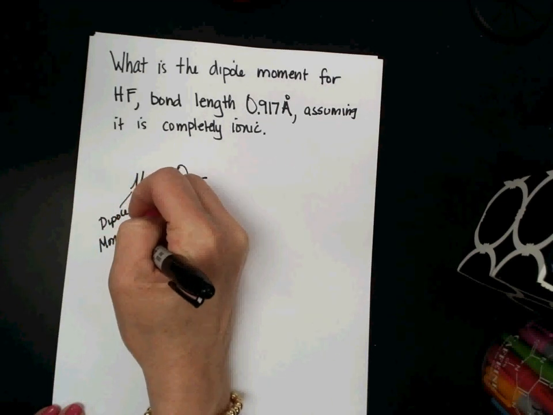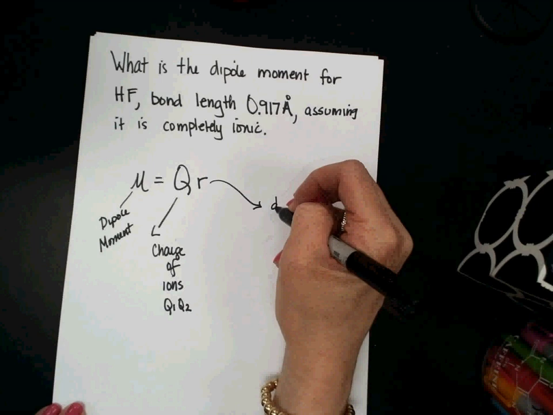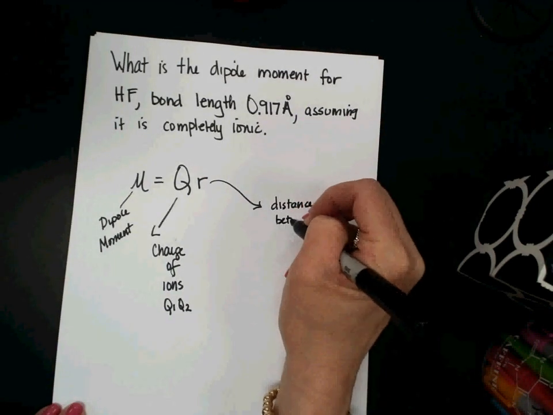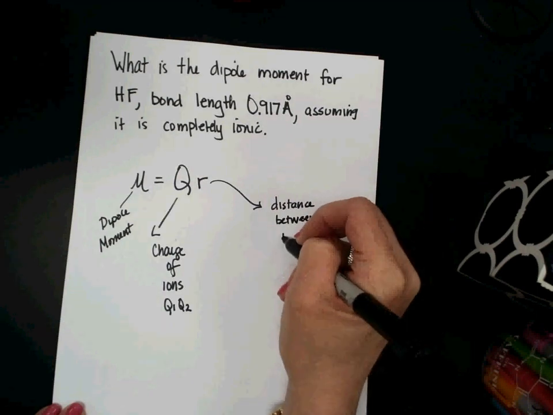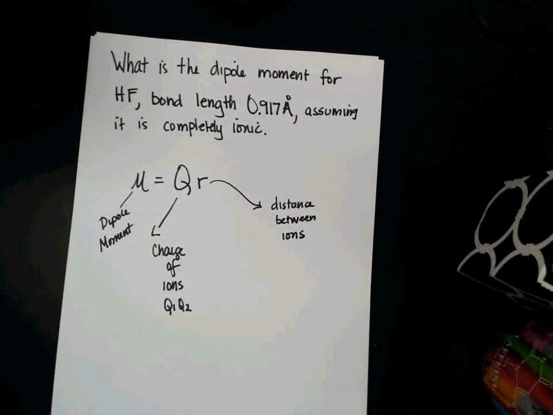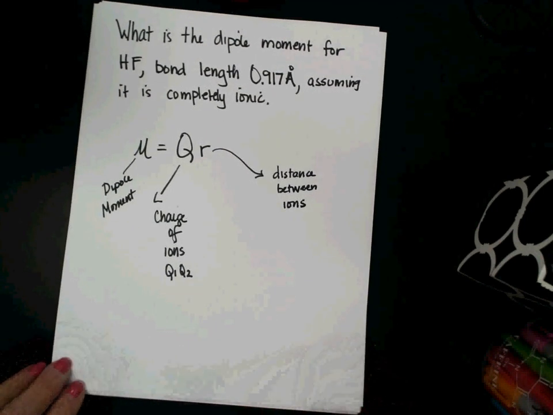And this R is the distance between the ions. Remember, we always have to think of this in terms of electrical charge. So we have our ions, basically we're talking about electrons.